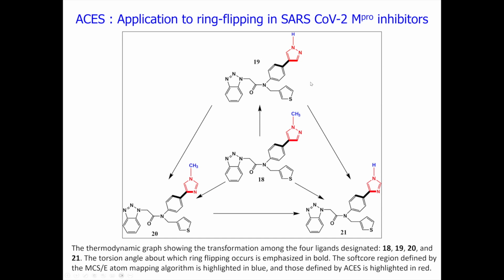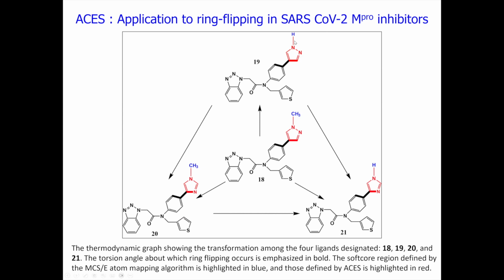What can happen is you have a part of that ring that, for example, donates a hydrogen bond. Usually that hydrogen bond might be hydrogen bonded to the backbone of the protein in order to facilitate a more stable contact.